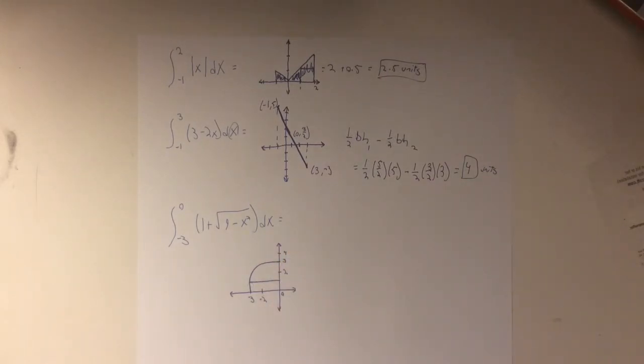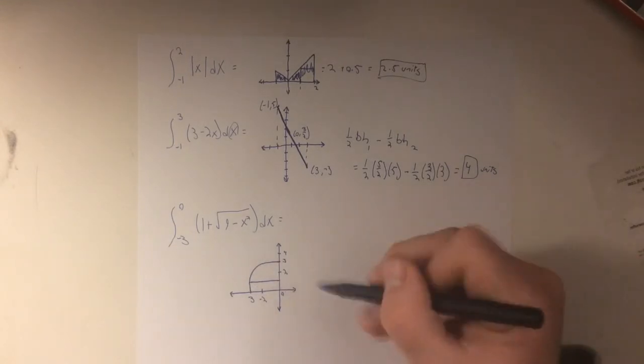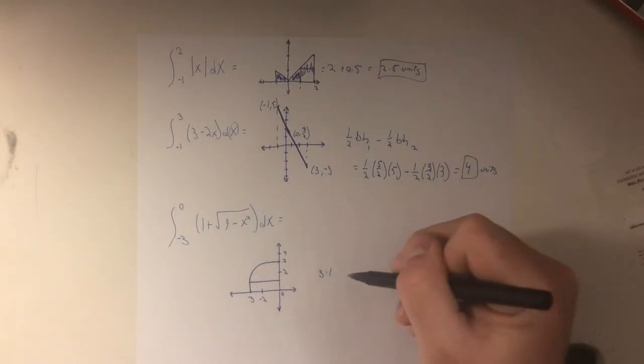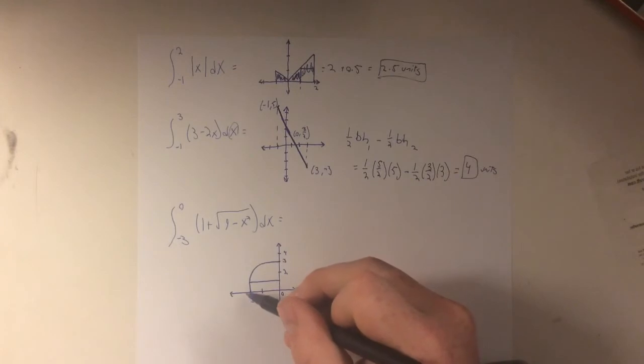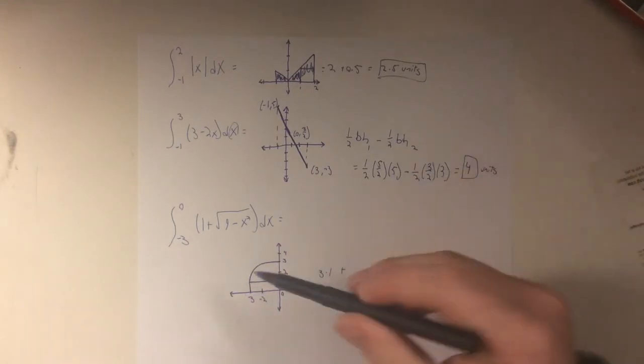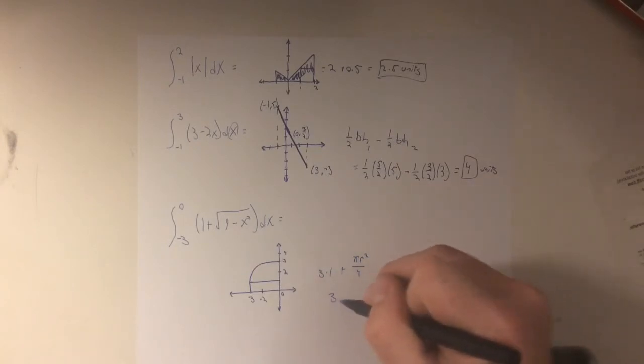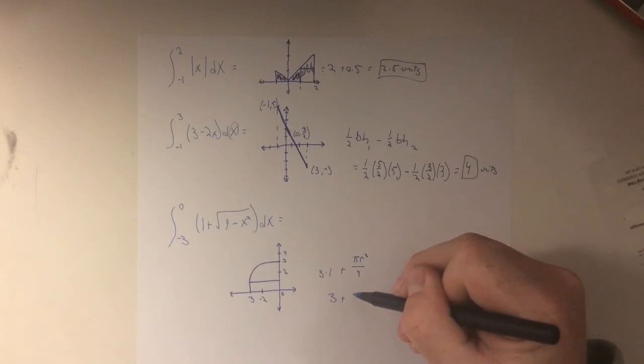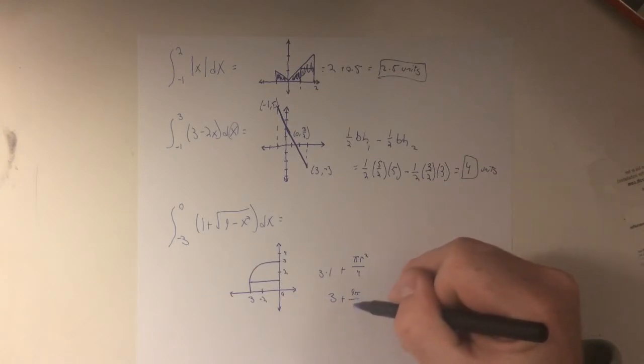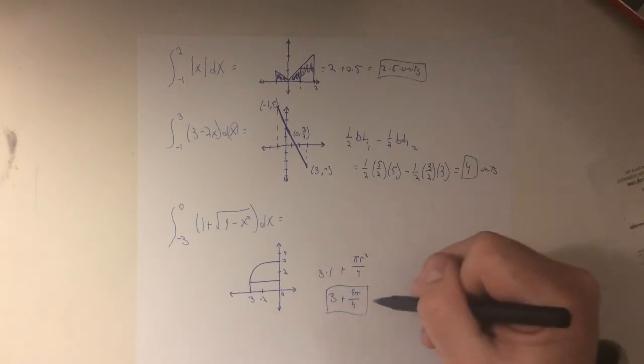And then we can compute it. So this is just going to be 3 times 1, base of 3, height of 1. And then this is going to be pi r squared divided by 4, which is just 3 plus 9 pi over 4. And that's our answer.